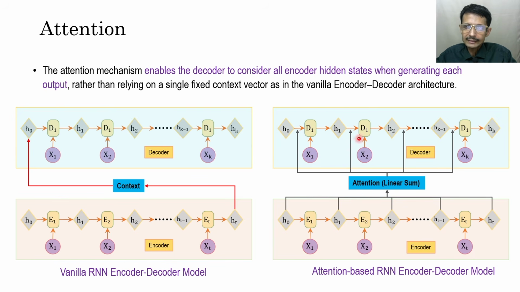And then this attention is also fed into the decoder states. So the attention is derived from all the hidden state outputs of the encoder, and when it is derived, it is input to all the decoder states.